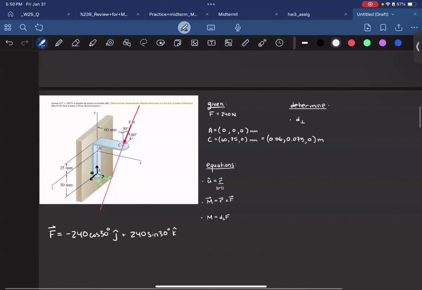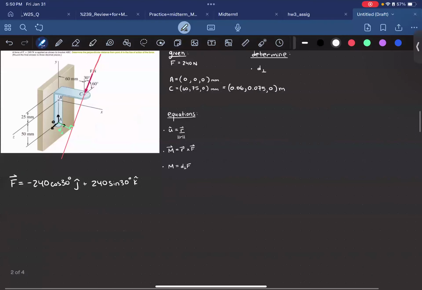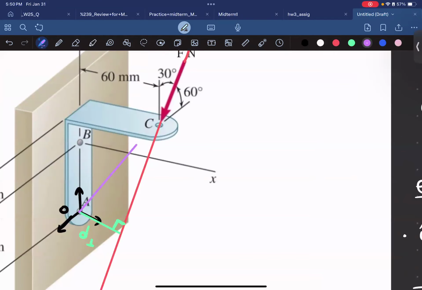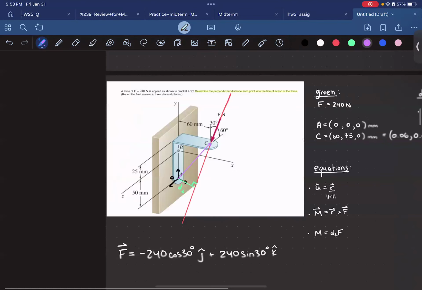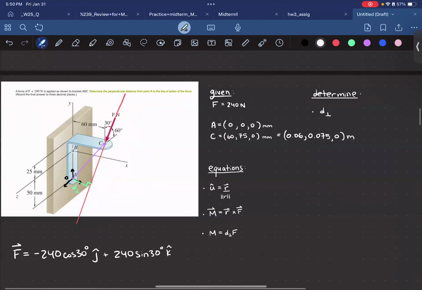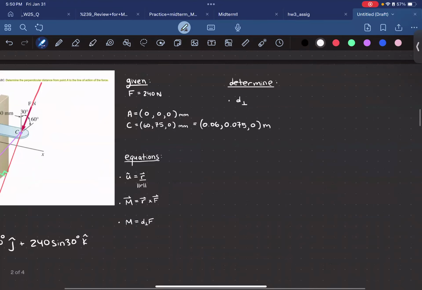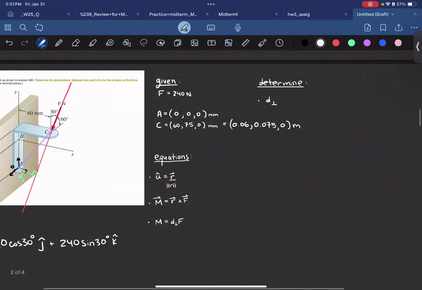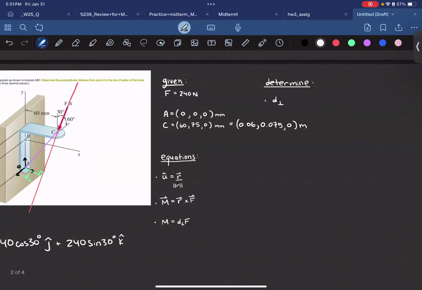So we've broken up our force component, and now we want our direction vector pointing from A to C. So I'll draw that out right here. And the reason that I wrote down the coordinates in the beginning of the problem is because we can do the final minus initial to find the direction vector of r_AC.